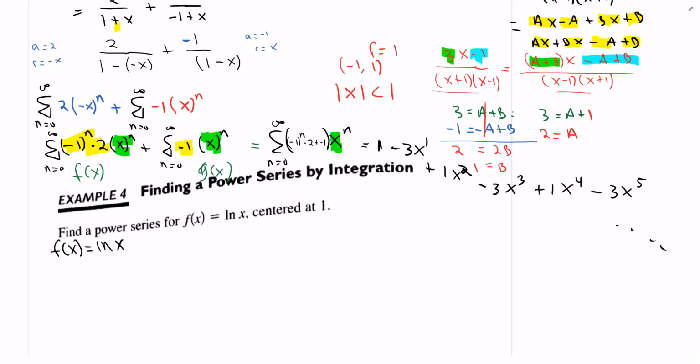The cool thing is, if you remember from example 2, we looked at the function 1 over x, and it was centered at 1, and we had this infinite series that described it. We'll go back to the example in a second. That was negative 1 to the n.